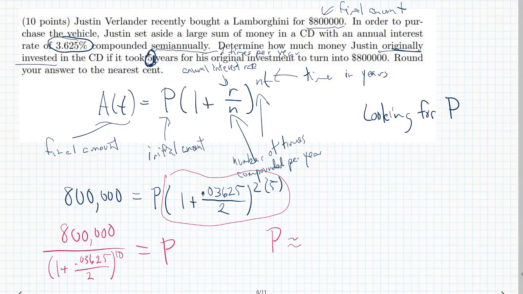Okay, so you plug that into the calculator. Give me a second here. 1 plus 0.03625 divided by 2 raised to the 10th is our value there. And if we have that, we get our final answer being, and remember this should be to the nearest cent, so $668,465, and we will assume the bank will round up to 46 cents. And that's our final answer.